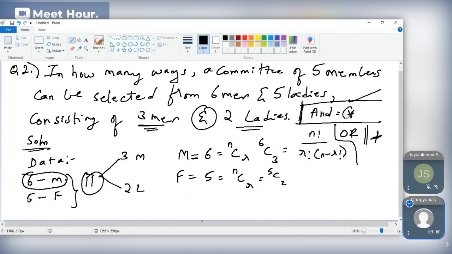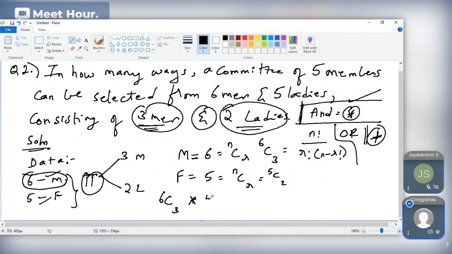So for this, they are telling 3 men and 2 ladies out of total 11, which has 6 men and 5 women. So answer will be 6C3 into 5C2. Did you get the logic here?